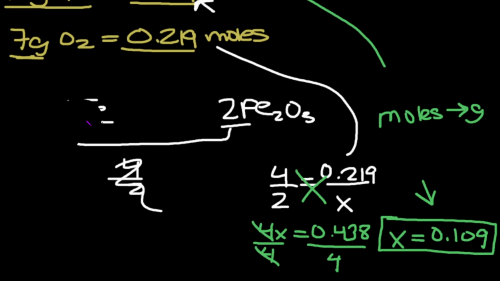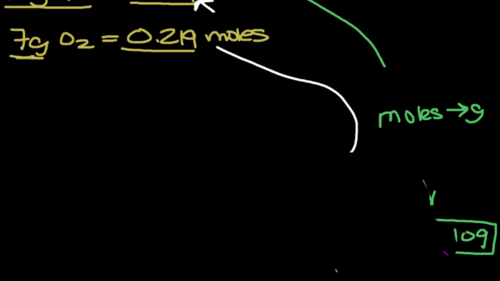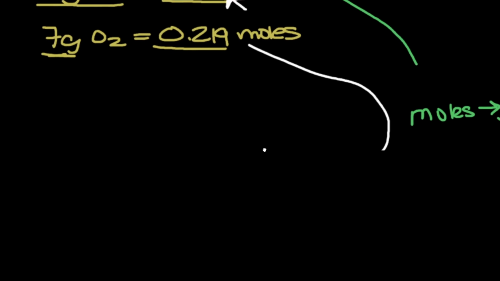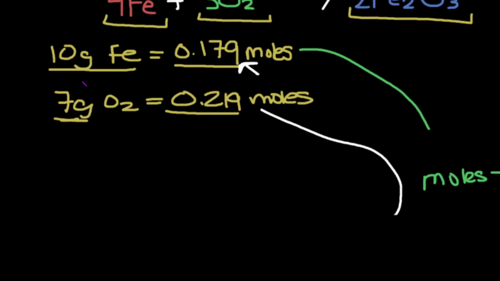Let me clear up some space first, because we are definitely running out of that. So when converting the moles into grams, it's simply the opposite of what we did right here, when we converted the grams to moles. We're actually going to be multiplying instead of dividing. So we have 0.109 times the molar mass of iron oxide, which is 159.7.